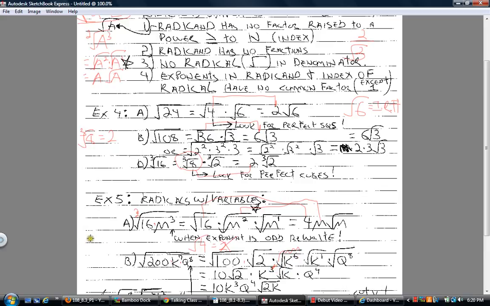Now, let me come over here real quick. K to the 6th, the square root. If I put the 2 up there, you could write it as an exponent, 6 divided by 2. Remember, you're using your right-hand rule. 6 divided by 2 equals 3.